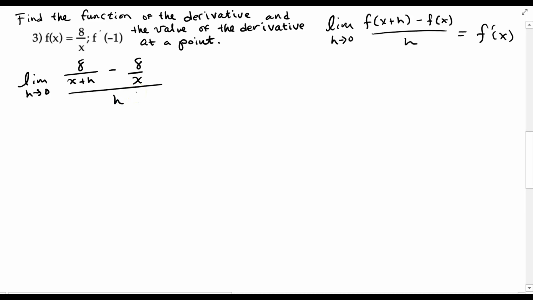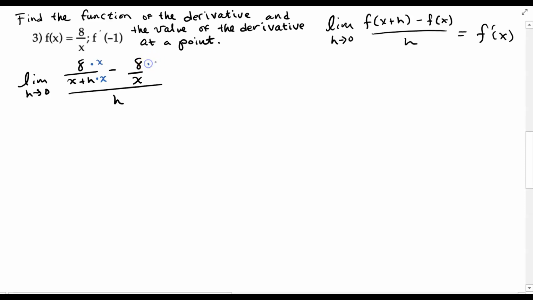All right. So what we're going to do is subtract fractions in this case. In order to subtract or add fractions, you need a common denominator. The denominator here is going to be the product of the two denominators that are present, the x plus h and the x. So I'm just going to multiply this by x in the numerator and denominator because I can only multiply by 1, and x divided by x is 1.